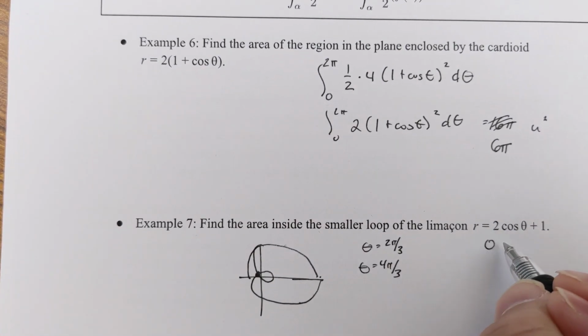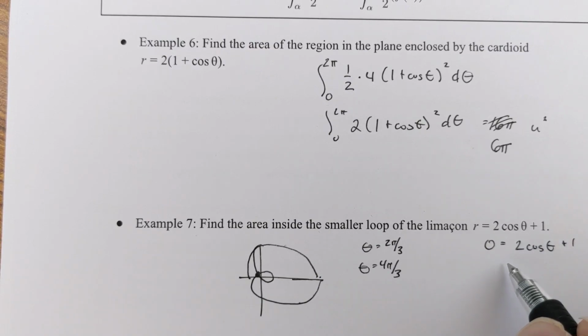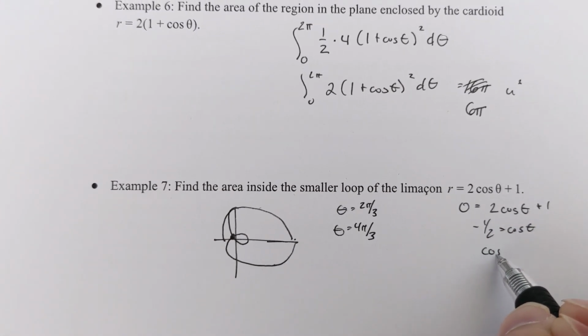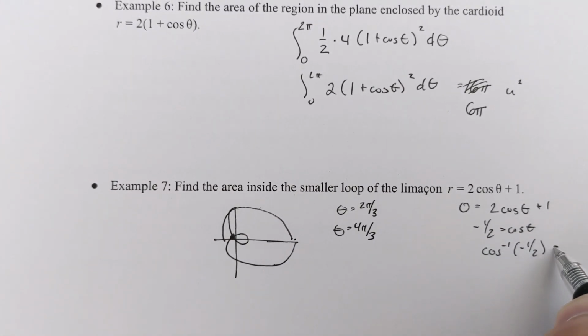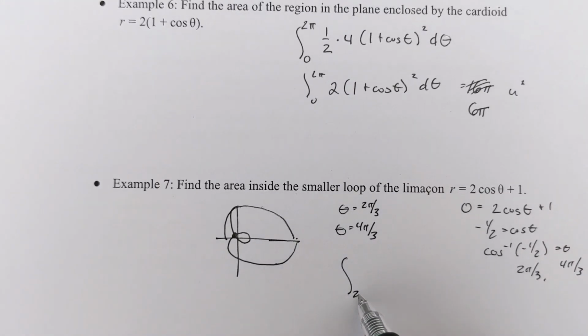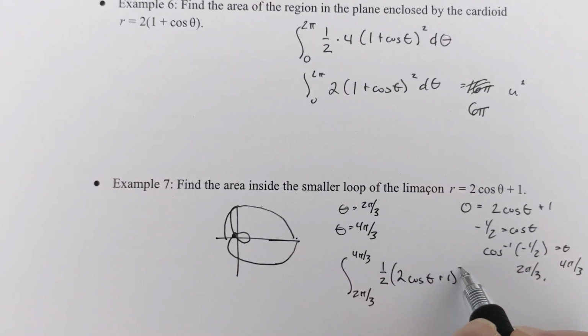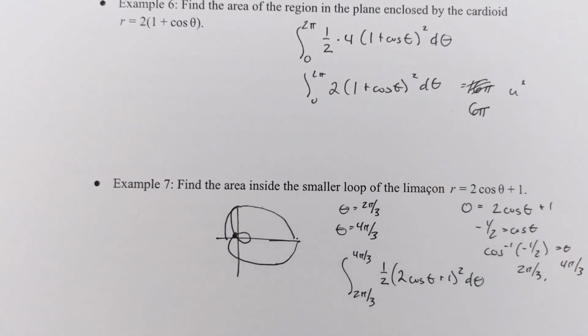If you set r equal to 0 essentially and solve, you get two values. So when is the radius 0? Where does it go through the origin? You get negative 1/2 equals the cosine of theta. So the inverse cosine of negative 1/2 is equal to my angle. That occurs at two places: 2 pi over 3 and 4 pi over 3. So when I do my integral, I'm going from 2 pi over 3 up to 4 pi over 3 of 1/2 times 2 cosine theta plus 1 squared d theta.